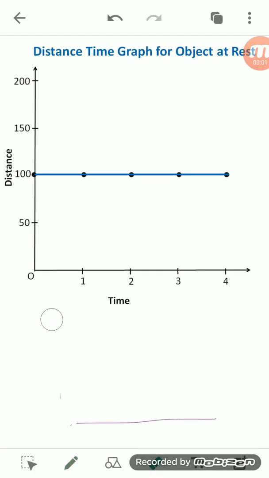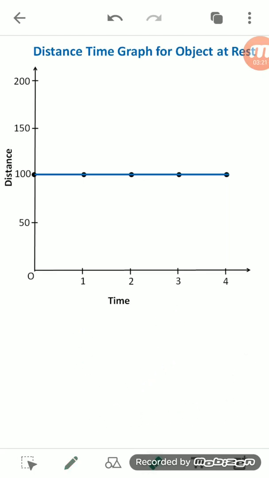When an object is moving unequal distances in equal intervals of time, that represents non-uniform motion, which can be represented by a curved path, a curved line, or a parabola. So this is for the non-uniform motion.